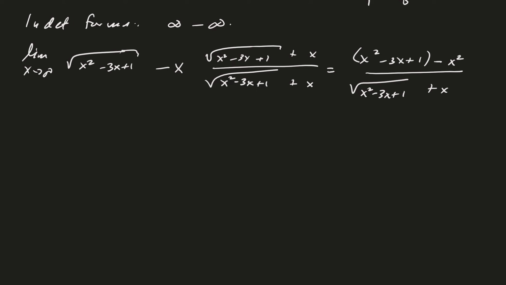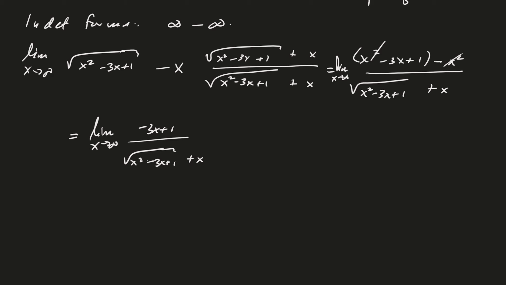Limit as x goes to infinity. Simplify that numerator, and we have the limit as x goes to infinity of minus 3x plus 1 divided by the square root of x squared minus 3x plus 1 plus x.